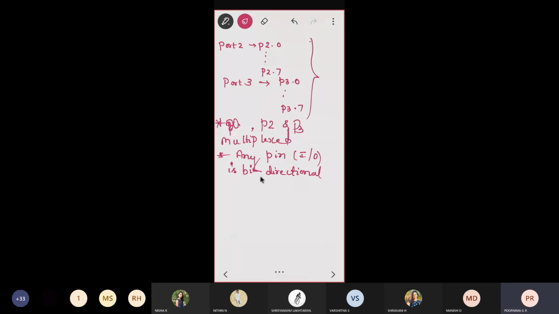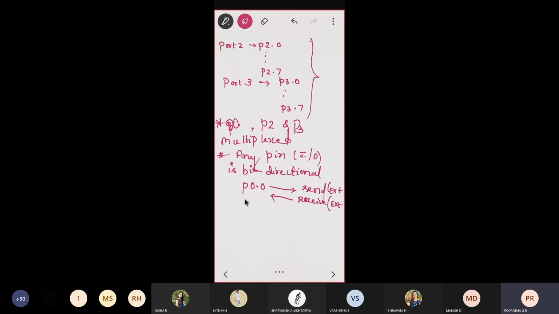Whenever you take any pin, suppose P0 dot 0, this pin is able to send data to the external world, and from the external world it is able to receive data into the microcontroller.